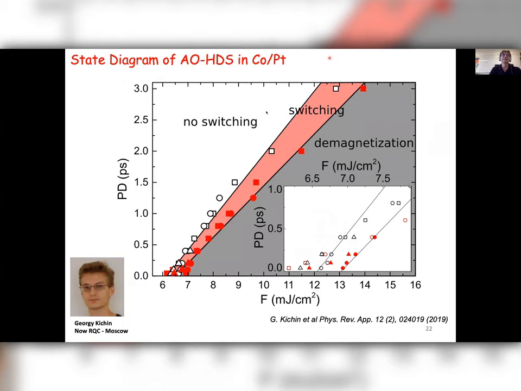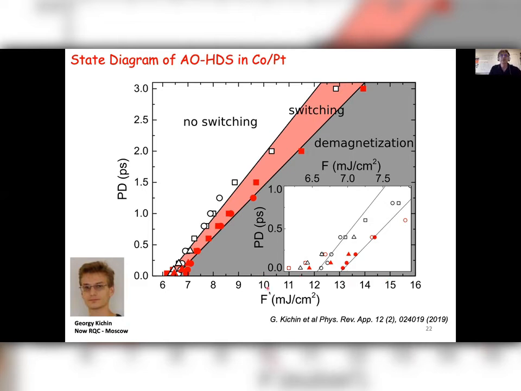We also created a state diagram in order to understand the effect of the pulse duration. What you see here is a diagram of pulse duration, going from 30 femtoseconds to 3 picoseconds, as a function of the fluence. The fluence is the energy that is given per pulse.